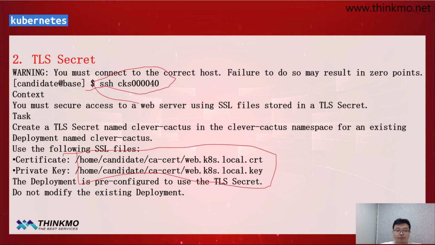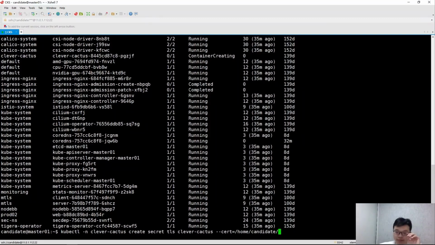All right. So here after home, in the directory, we then proceed to add the ccert file. Then the next part of the path is our web.k's local cert. So this cert is our first certificate file.